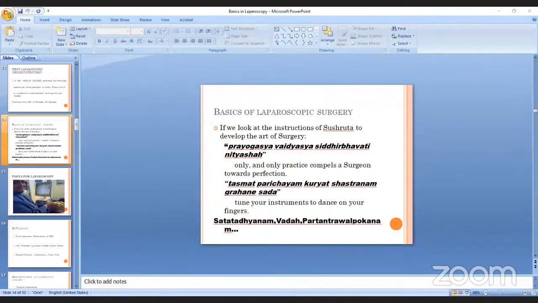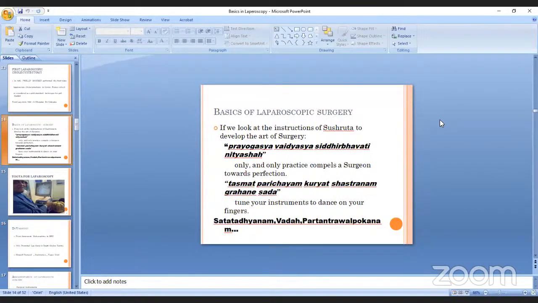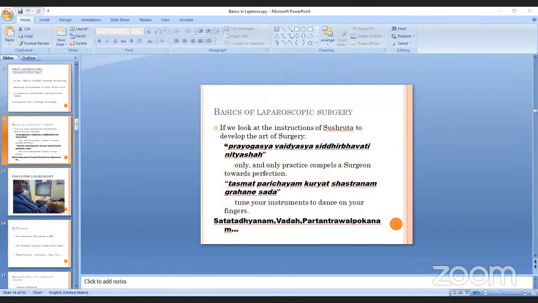Sir, in the left corner of the screen there is a sign for screen expansion or presentation mode. Please click on that. Sir, it is clear, but it is not full screen view.